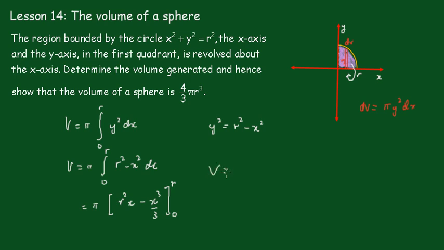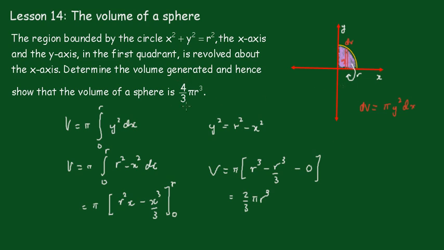So our volume is equal to pi outside of, putting the r in, we get r cubed, minus r cubed on 3, minus, of course, just 0, which becomes 2/3 r cubed, so that's 2/3 pi r cubed. And that's the volume of the section here.